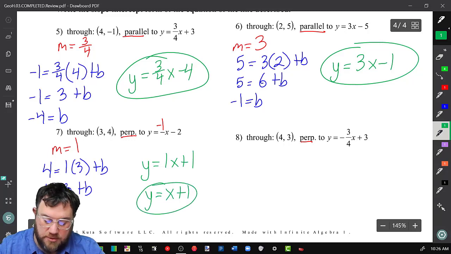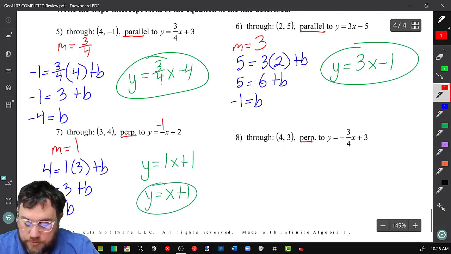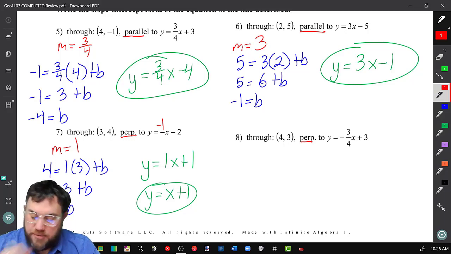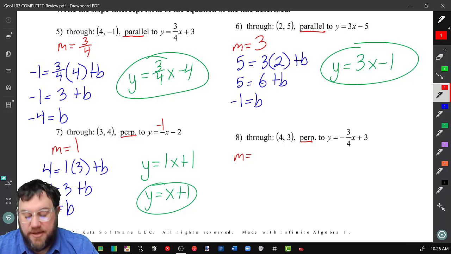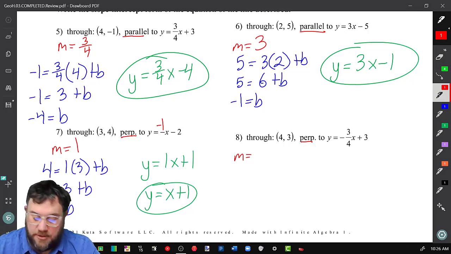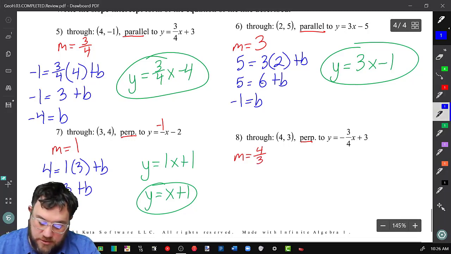So y equals x plus 1. And number 8, last one, our original slope is negative 3/4. We flip that upside down and change the sign. So our slope will be 4/3.